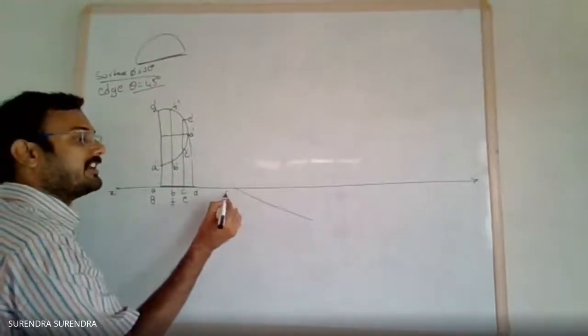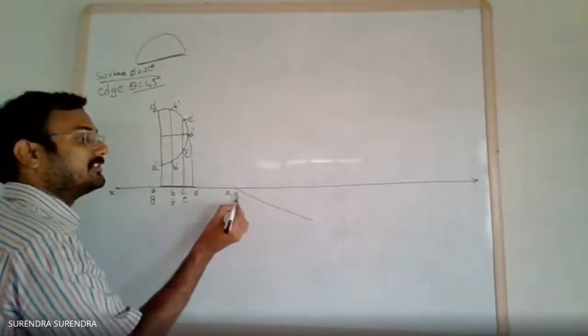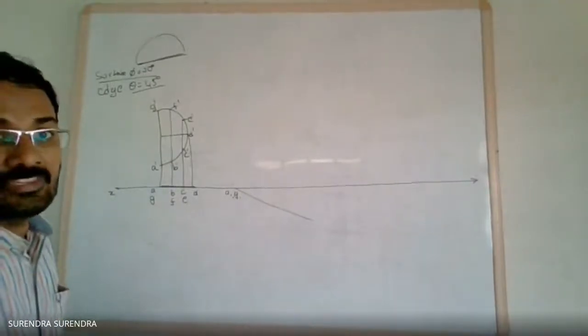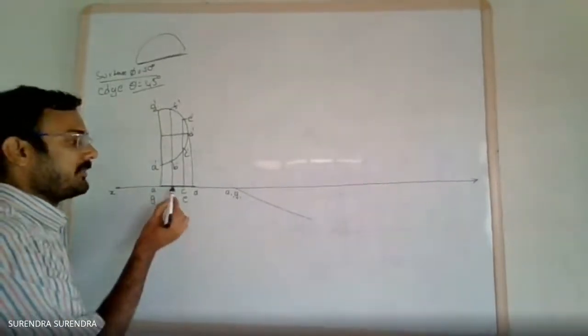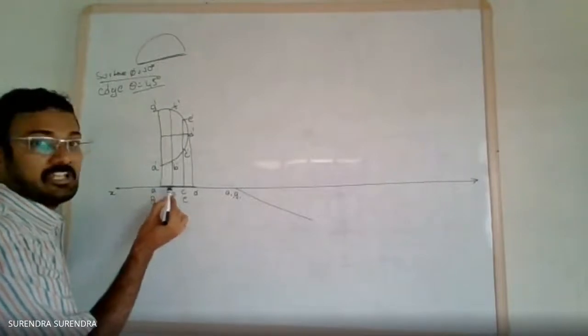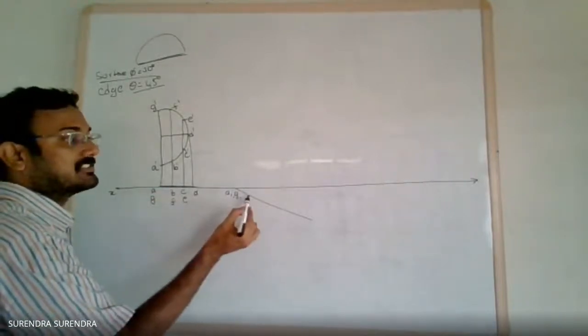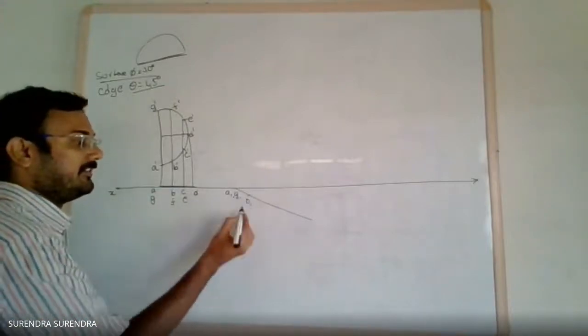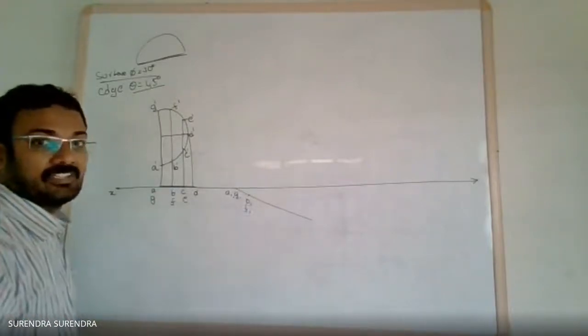Mark the first points as A1, G1. Now measure the distance from A to B, with A as center draw the arc. This gives the points B1, F1.